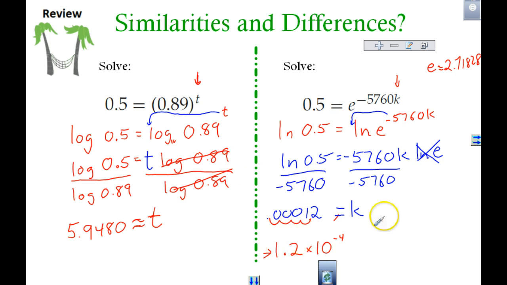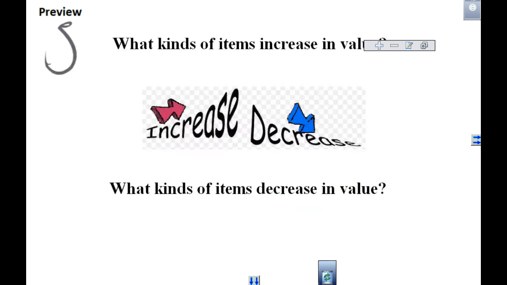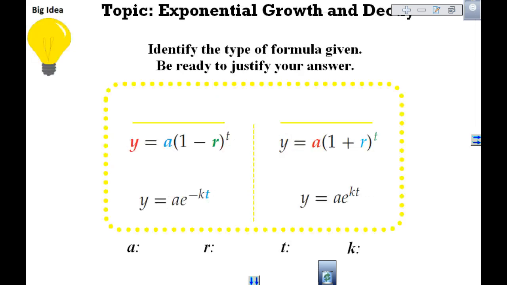All right, so today we're going to solve some word problems involving increasing and decreasing. We looked at this in the beginning of the chapter, 9-1, so we're finishing where we started, full circle. Let's look at this with the formulas in mind.